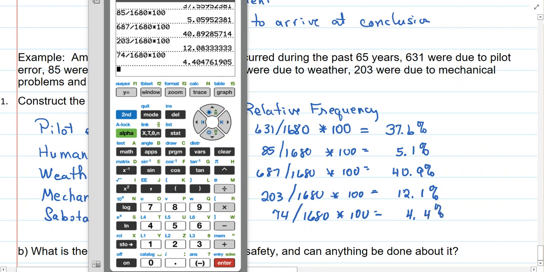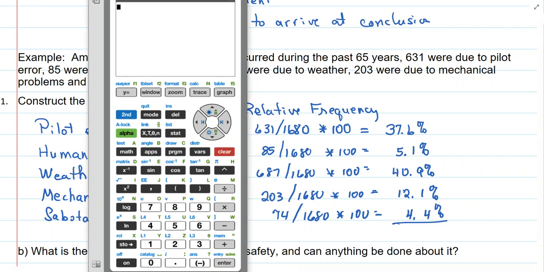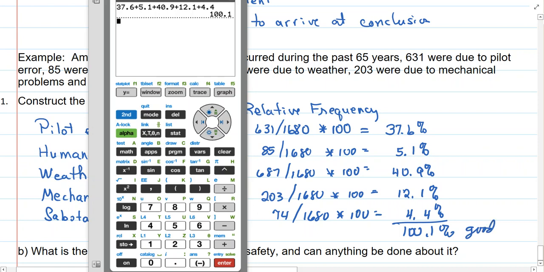Okay, so we want to add up these numbers to see how close we are to the 100. So see if our math is good or fairly good. Remember, it's not going to sometimes be exact, sometimes not, higher or lower, one or the other. Always take your time with data. Haste makes waste in statistics, and I am a real good one about that. I have 100.1%, so it is good to go.